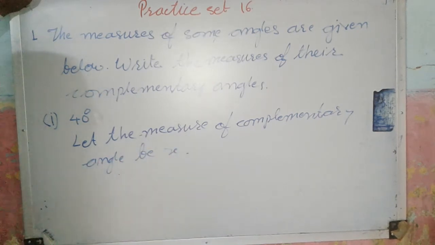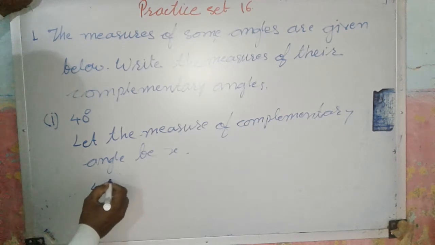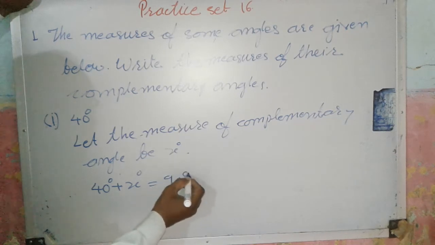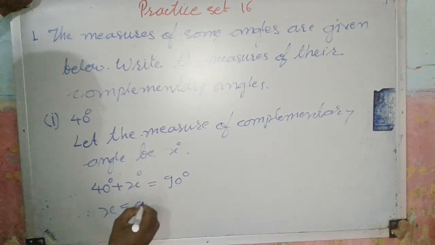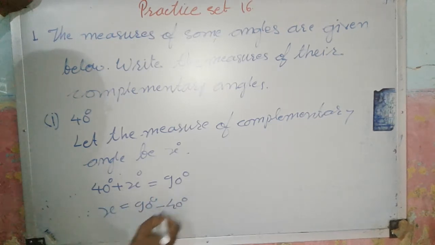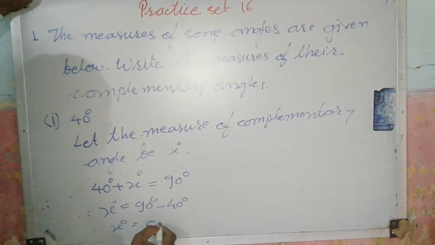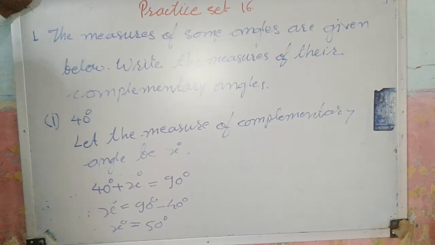And we know the property that the sum of complementary angles is 90 degrees. That means 40 degrees plus x degrees is equal to 90 degrees. Therefore, x degrees is equal to 90 minus 40 degrees. So our answer is 50 degrees. Therefore, the measure of the complement of 40 degrees is 50 degrees.